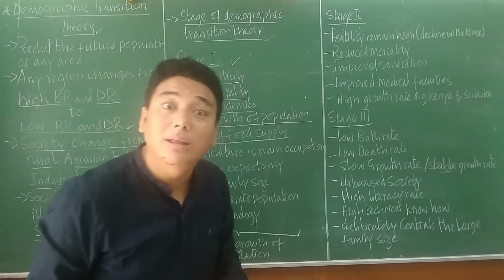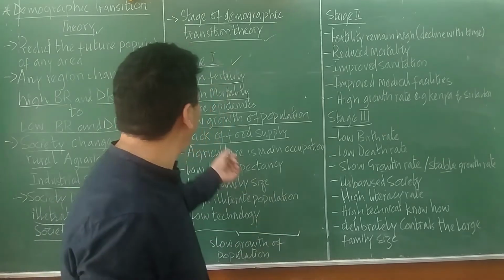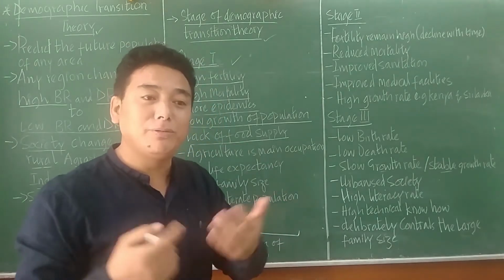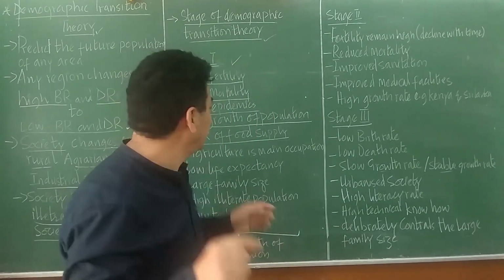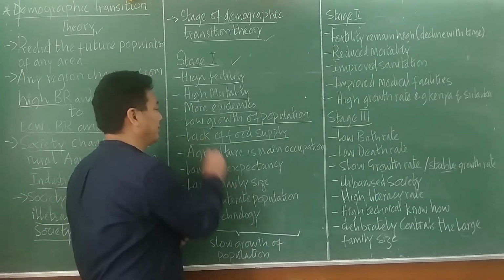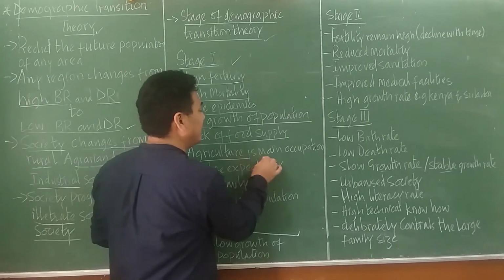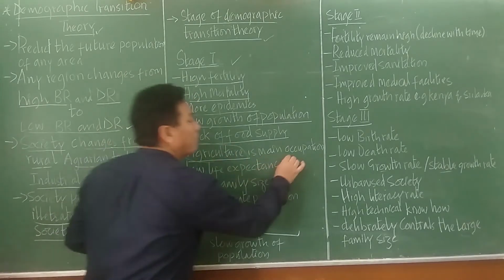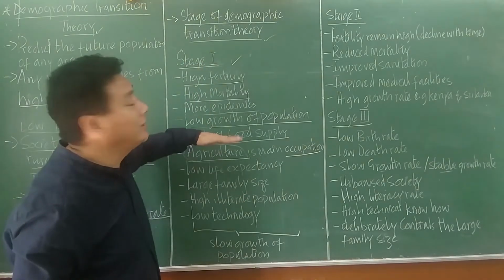Sometimes you may not get food supply; there is lack of food supply, or variable food supply, which is the word given in your textbook. In order to make you understand, I've used the words lack of food supply. And agriculture is the main occupation of the first stage society.